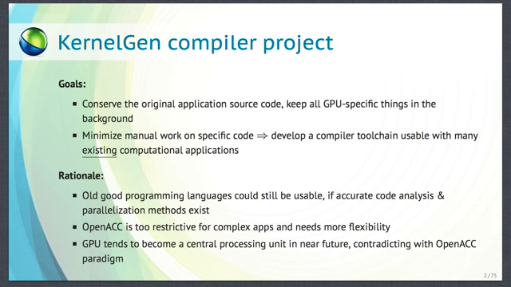It considers the GPU only as a passive accelerator, that is, as an extension to the computational unit, which may very likely change in the near future. So the main goal of the KernelGen project is to make another step forward, try to relax OpenACC limitations, introduce new features, and make it even more robust and more usable for large numerical applications.